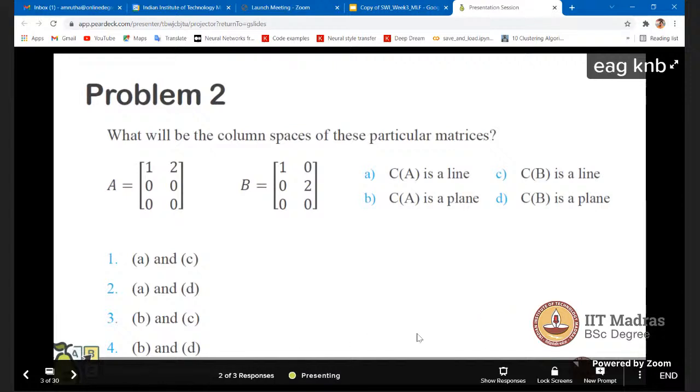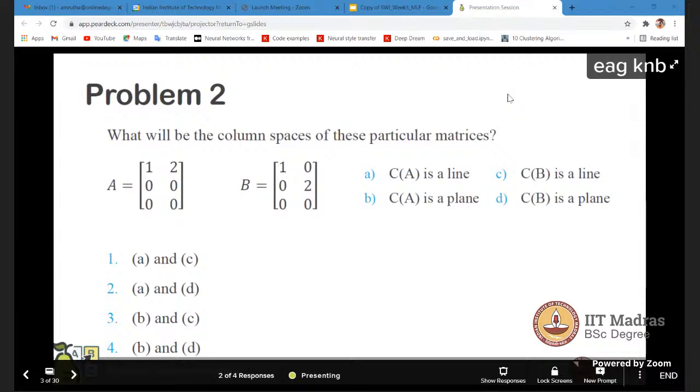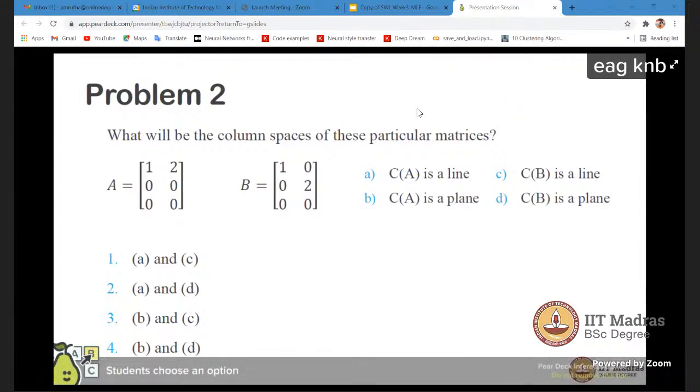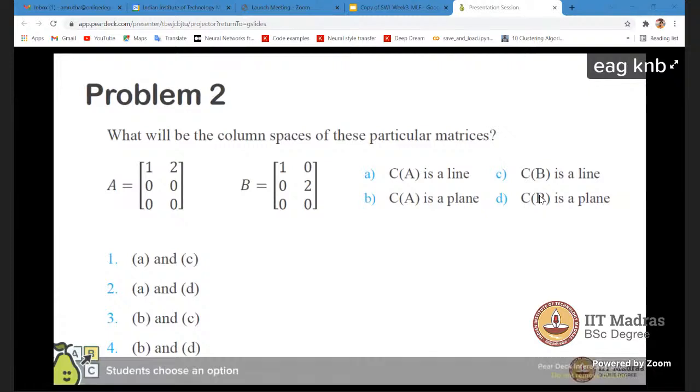Two of them have responded. Okay, four of you have responded.